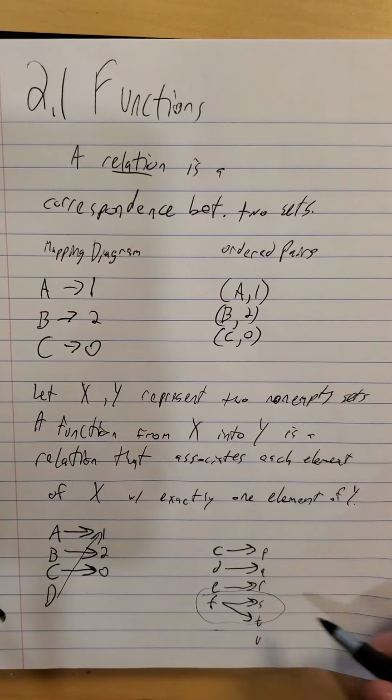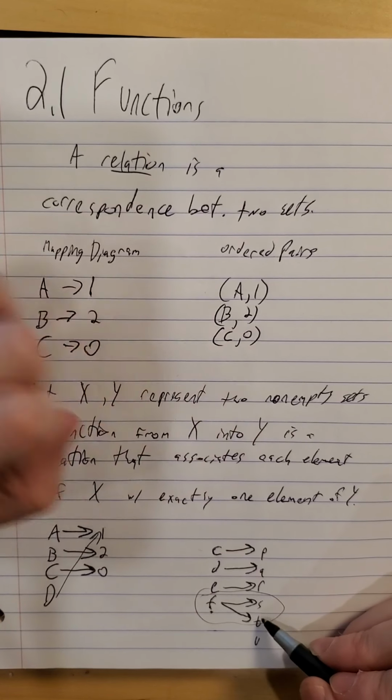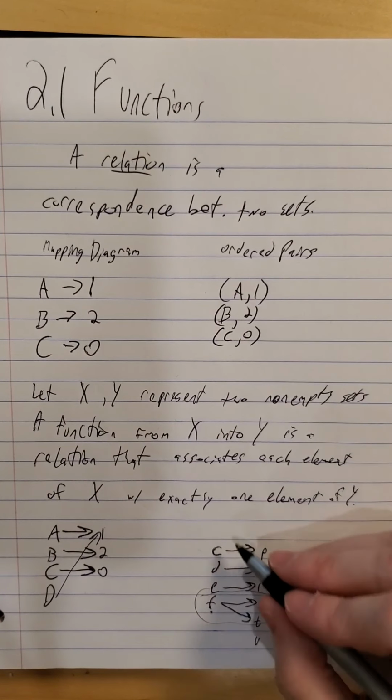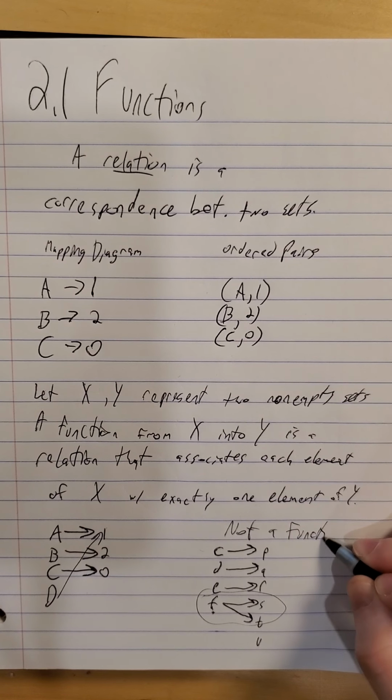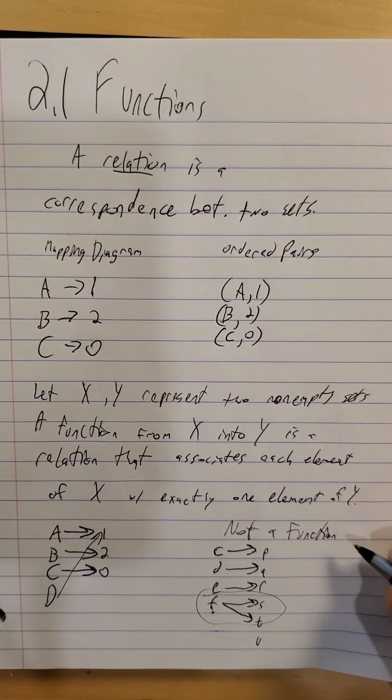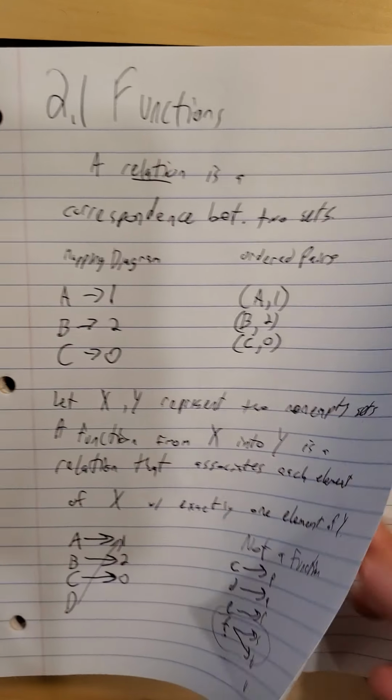But here we have one element from what we're generally thinking of as X, the input values, having two output values. This one is not a function. It is still a relation, however. We have things from one set mapped to things from another set and some type of description on how they're related.